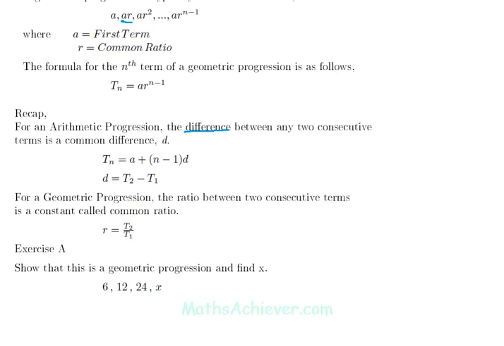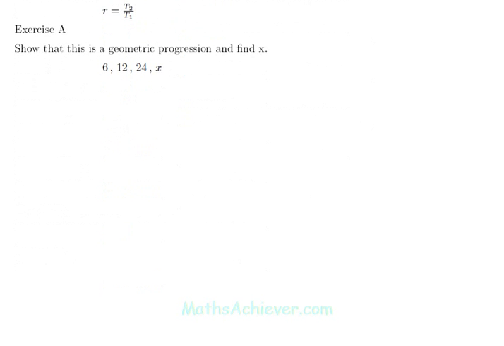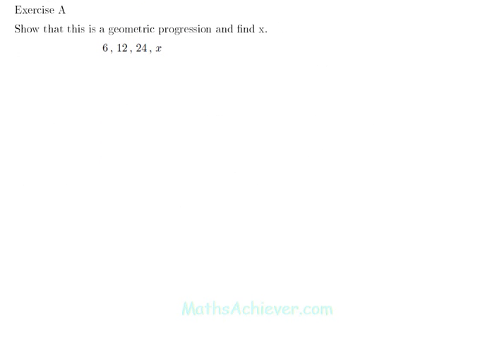Let's take a look at one simple exercise so we can understand this topic better. Show that this is a geometric progression and find x. Now the rule for geometric progression is that the ratio between two consecutive numbers is a constant, right?